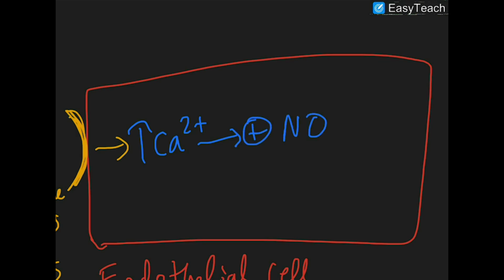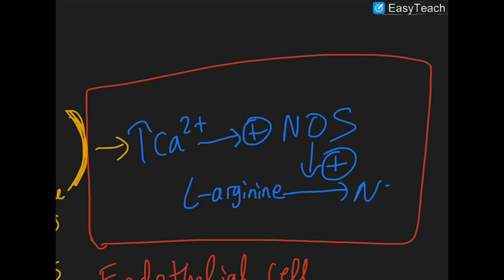So then this increase in calcium levels will then go ahead and stimulate nitric oxide synthase, right? And the enzyme name gives it away, right? What does this enzyme help do? It helps make nitric oxide. Okay, so what this enzyme does is it helps convert L-arginine into nitric oxide.